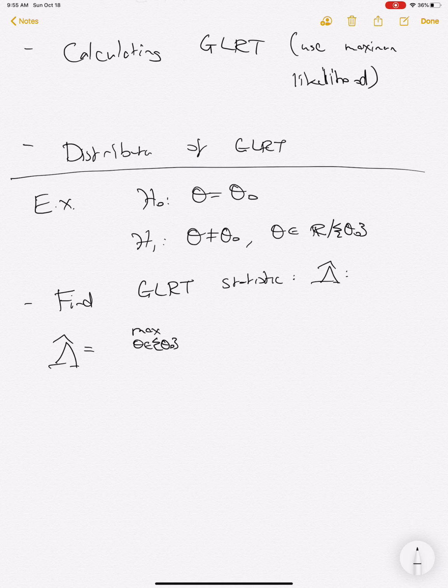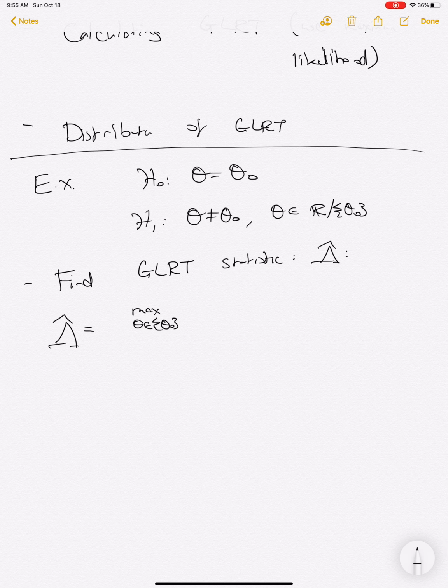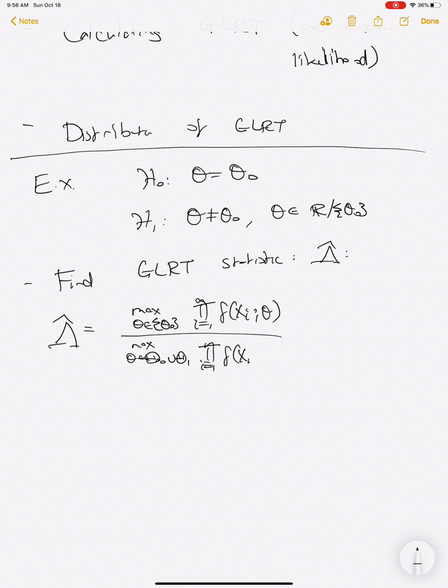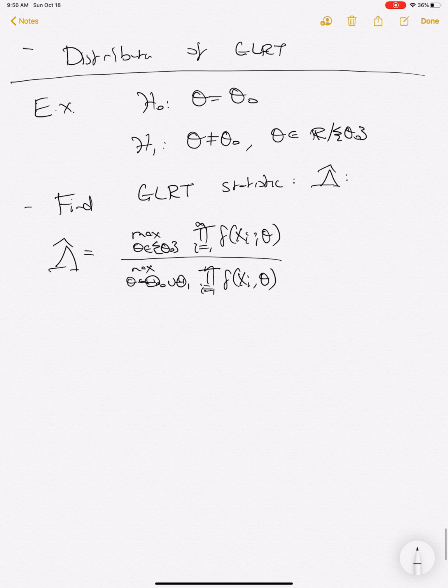So for the numerator, because the null hypothesis is just that single point, and for the denominator, okay, and so note here that theta 0 union theta 1 is just equal to the real line, because H1 is everything except theta 0, and H0 is theta 0, and that's why including the union here is a convenient thing to do.